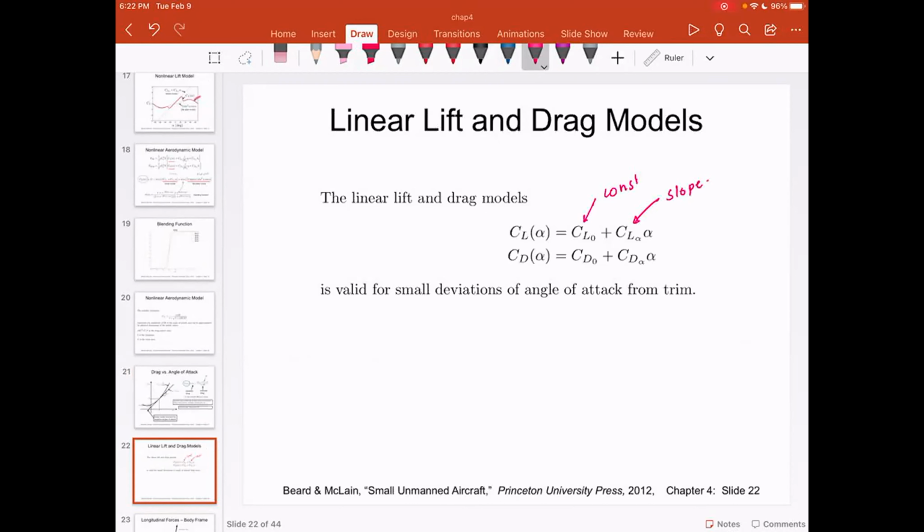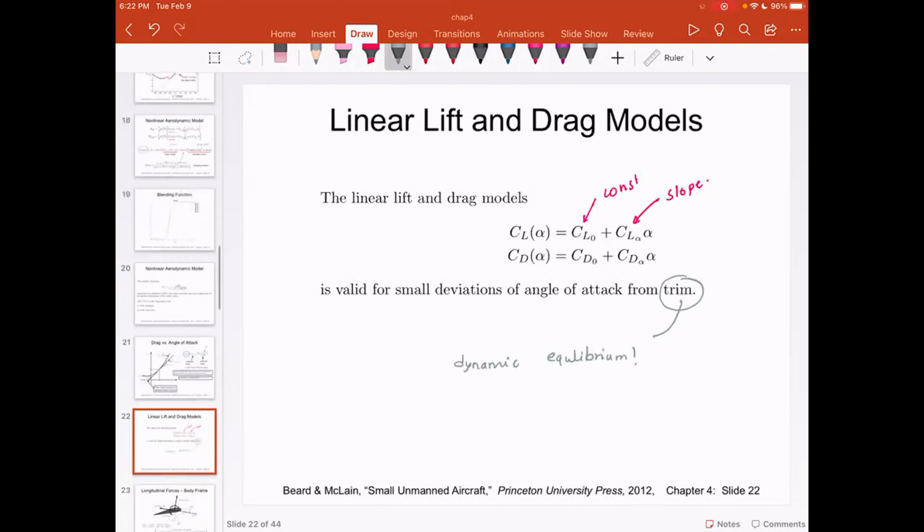This equation is valid for small angle of attack. Now you will see this term called trim. Trim is nothing but equilibrium, typically the dynamic equilibrium. So when you say the aircraft is trimmed, it means all the external forces on the aircraft are balanced.